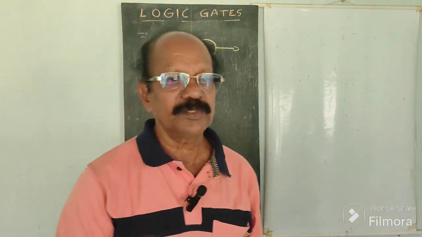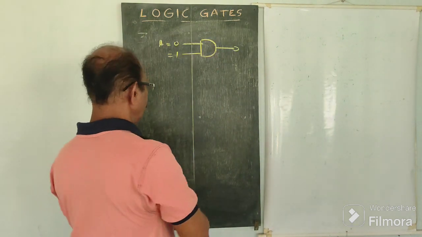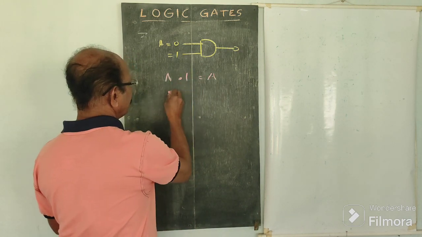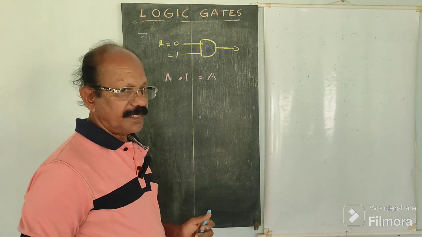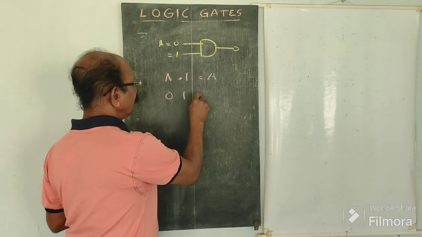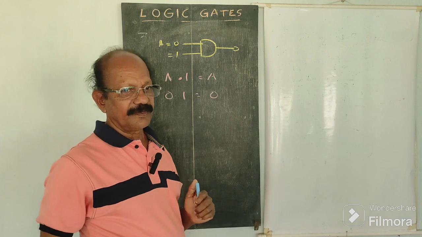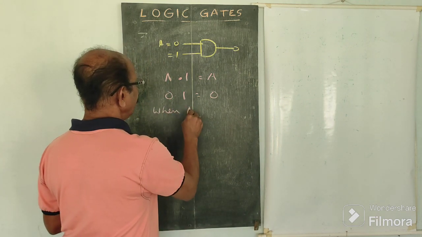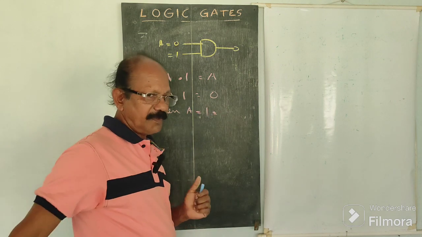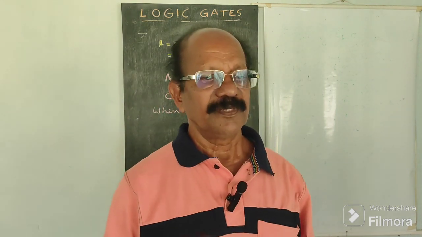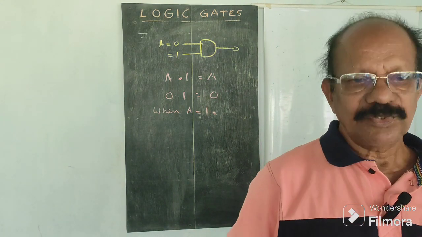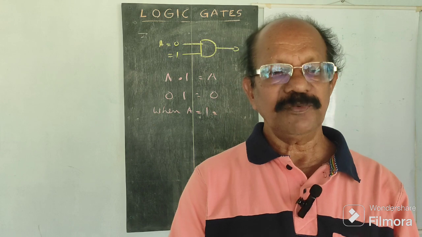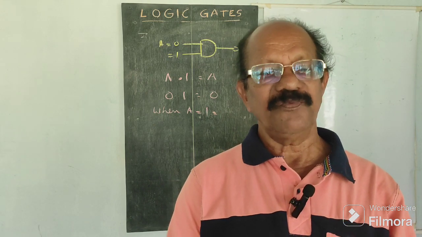Here a dot is there. When A is equal to 1, the output will be 1 dot 1 is equal to 1. It is seen that in each case the output will have the same value as A.